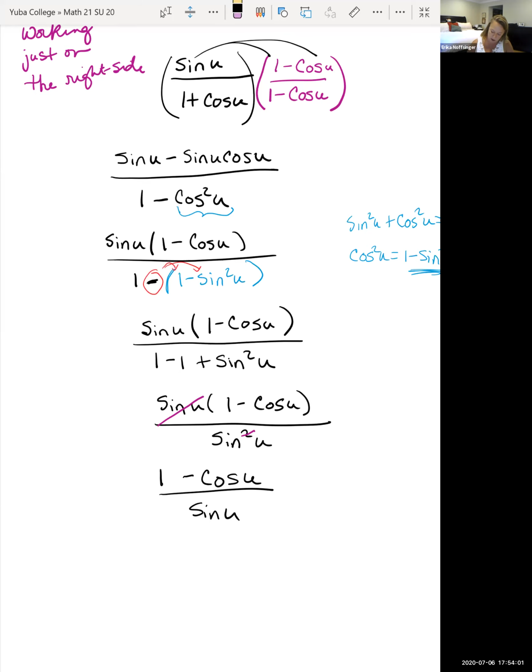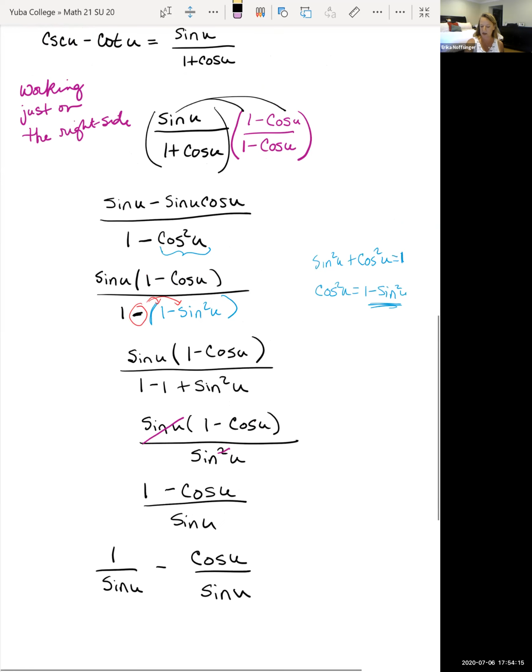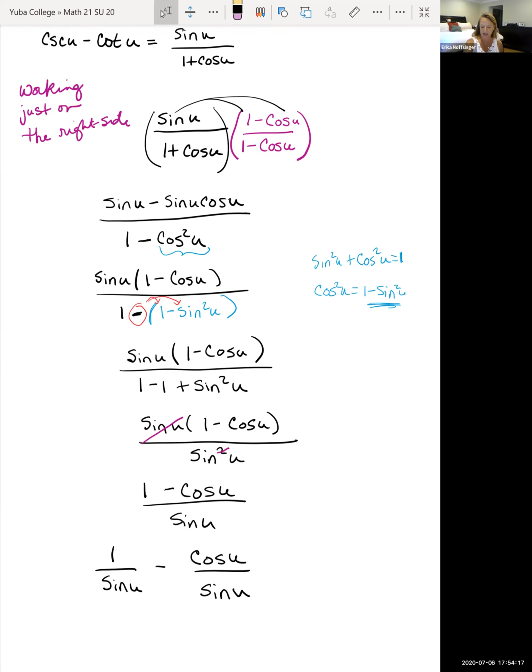So this would give me 1 over sine u minus cosine u over sine u. And I believe we're almost there because we're trying to get it to look like cosecant u minus cotangent u. And 1 over sine is cosecant. So this is cosecant u minus, and cosine u over sine u is cotangent u, which is what we wanted. And so we're done.